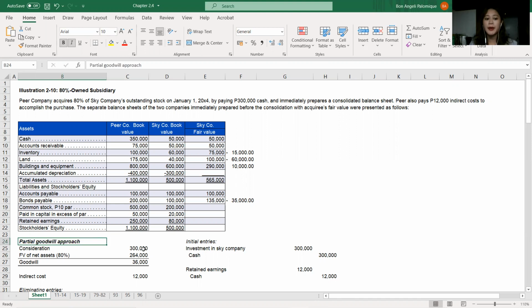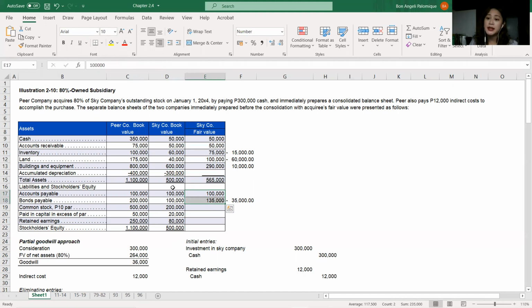So, sabi natin, pag partial goodwill, kailangan natin yung consideration for the 80%, which is 300,000, and the fair value of net asset, pero equivalent lang dun sa 80%. So, magkano ba yung fair value ng net assets ni Sky Company? So, total assets niya, 565,000, less yung liabilities niya na 235,000. So, 565 less 235. Yun yung total fair value net assets niya.